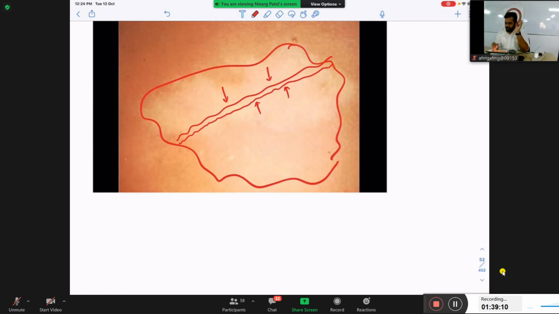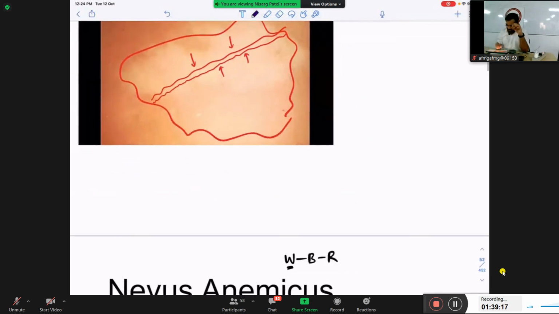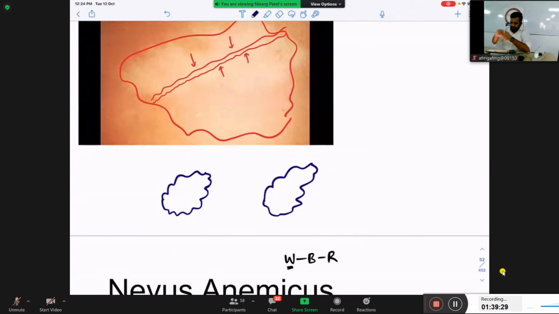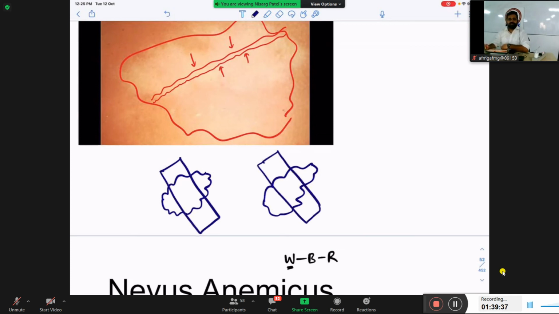Got my point? The MCQ they ask on this point, and why I am taking this topic, is: what is the difference on diascopy? So what is the method of diascopy? In diascopy, I take a glass slide and press on the lesions, both nevus depigmentosus and nevus anemicus.